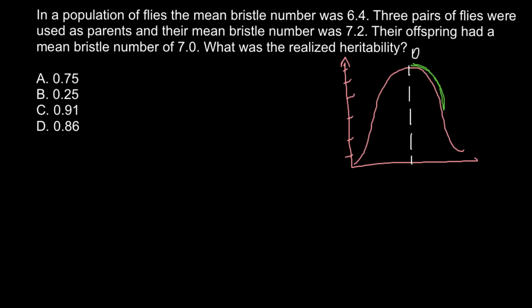You would select among the biggest apples, and here would be a new mean of the selected parents. So this is going to be somewhere over here, and this is going to be the mean of selected parents.